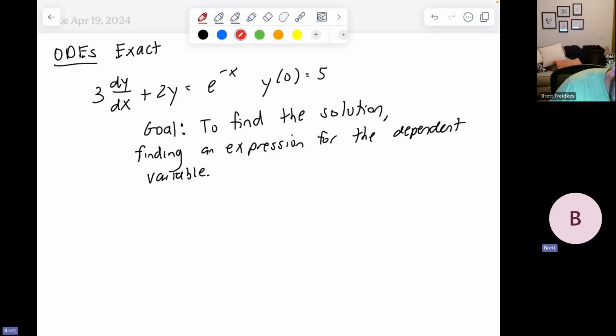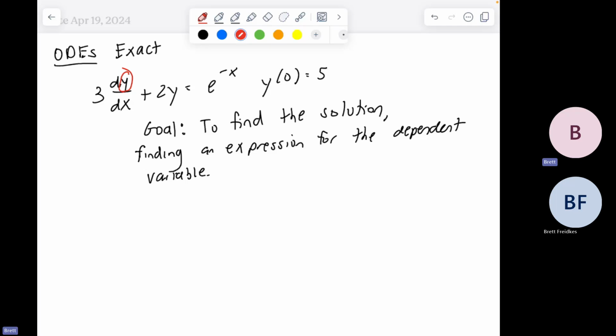What does that mean? The dependent variable is the one that depends on something. So y depends on x. Y is a function of x. So we need to find what that is.